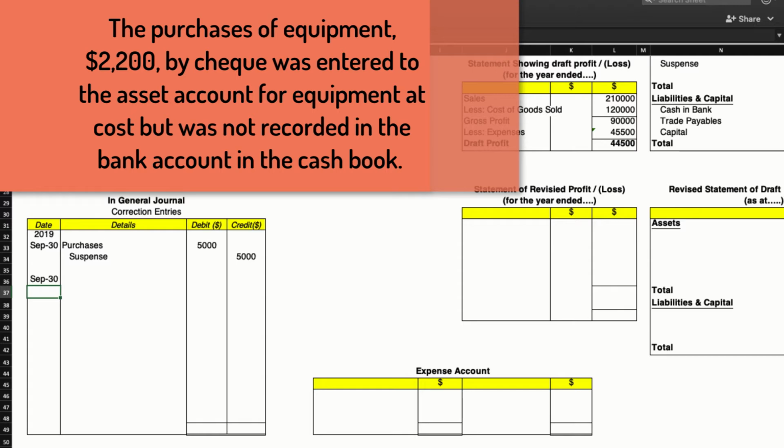As we paid by check, we are supposed to credit the bank account, but we didn't. So now I will credit the bank account with $2,200 as we paid by check. And to complete the entry, we will take suspense account $2,200.